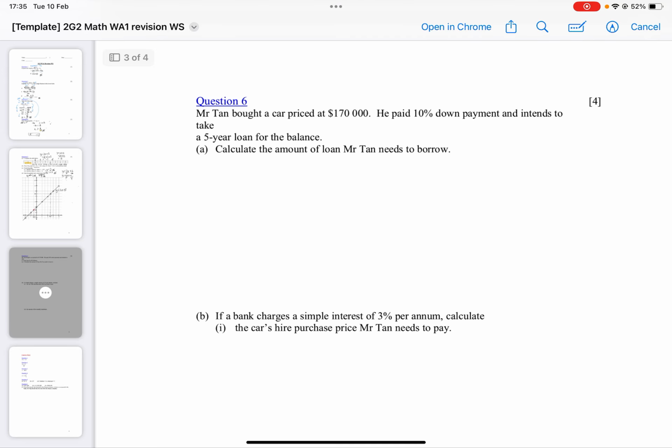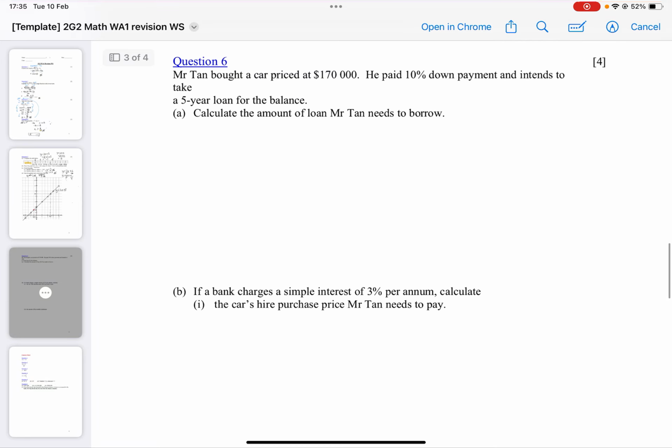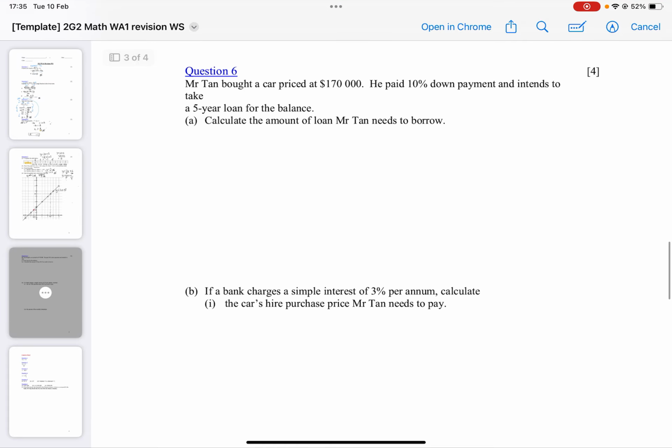Okay, question 6. This one is a revision of hire purchase and simple interest. We did this last year, so we need to go through it a bit again because a lot of you may have forgotten. Mr. Tan bought a car priced at 170,000.